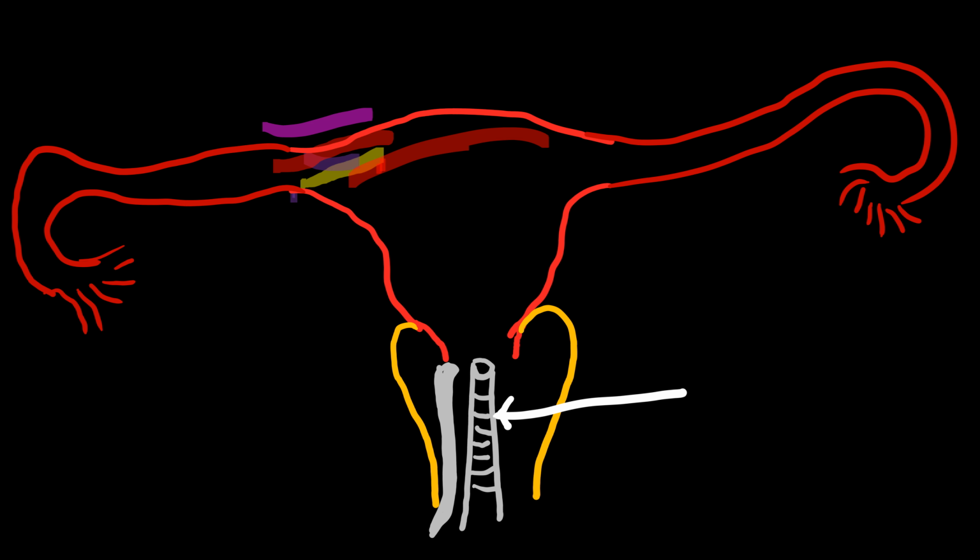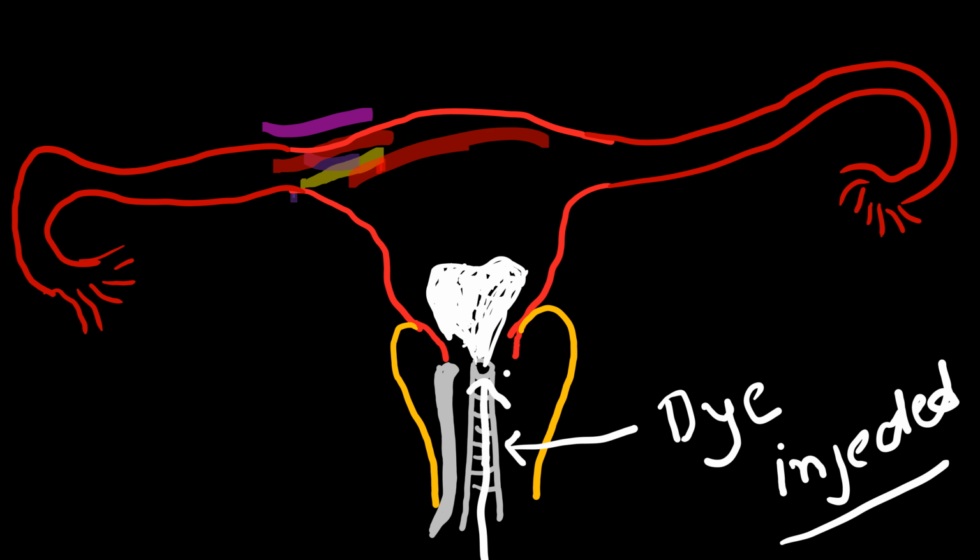This is the schematic diagram where you can see the vaginal speculum and the cannula of the catheter here. This is the internal os of the cervix. This is the uterine cavity and this is the uterine tube. This is the lateral end of the uterine tube. Now, when the dye is injected, it will pass through this cannula into the uterine cavity.